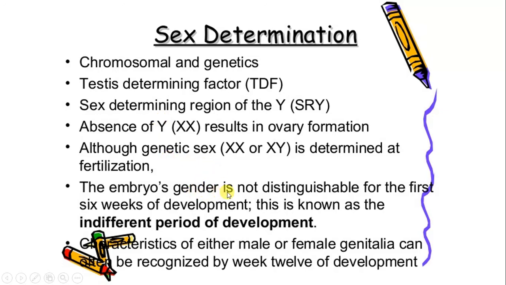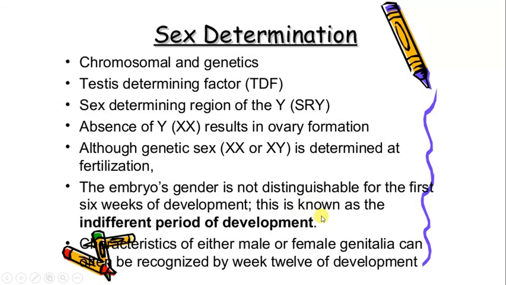The embryo's gender is not distinguishable for the first 6 weeks, as we have seen earlier, and this is known as the indifferent period of development. So in the first 6 weeks, we cannot tell whether this embryo is going to develop into male or female. The characteristics of either male or female genitalia can be recognized by week 12 of development.